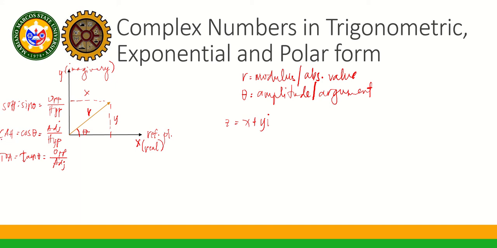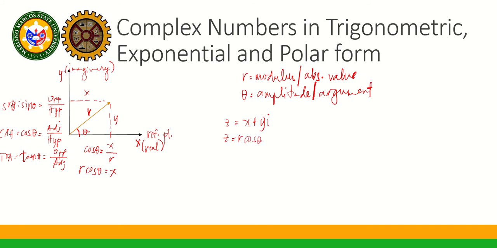We can use CAH. So, solve natin si cosine theta is equal to adjacent, x, over hypotenuse, r. So, in order to find the value of x, we can cross-multiply si r dito sa part na to. So, r cosine theta is equal to x. Then, isa-substitute na natin to dito sa x part na to. So, this will be equal to r cosine theta.